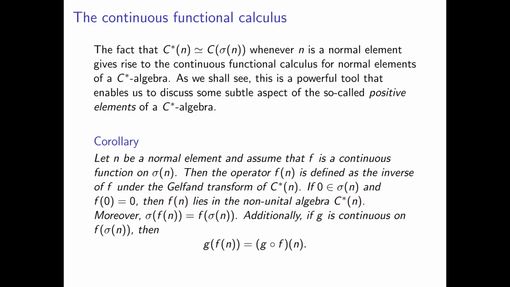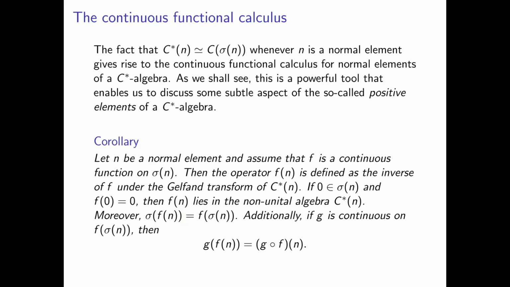And now, moreover, we note one final thing, or two final things, and that is that the spectrum of f of n is just equal to f of the spectrum of n. So this is an expected result, it's a standard result, but it's still nice noting. And then finally, we note a result which seems trivial.